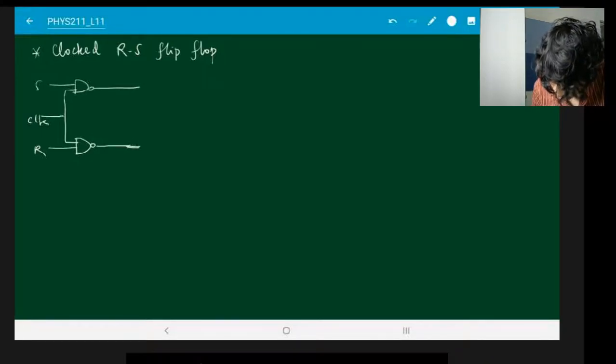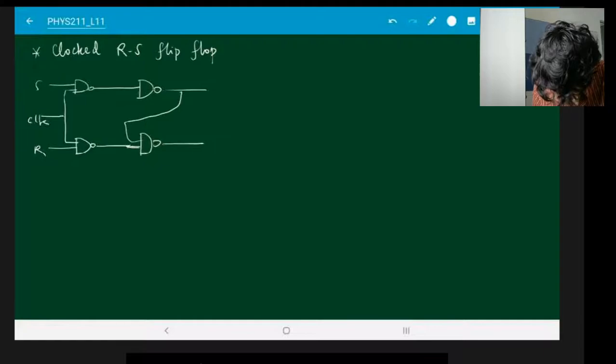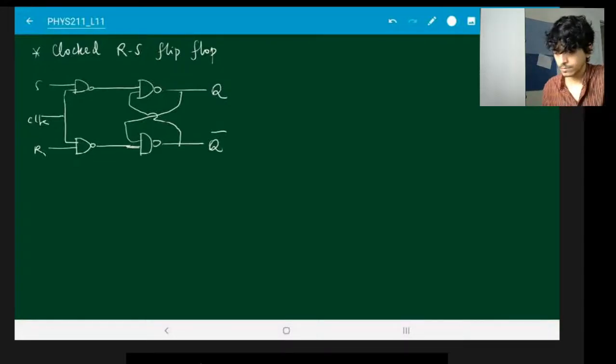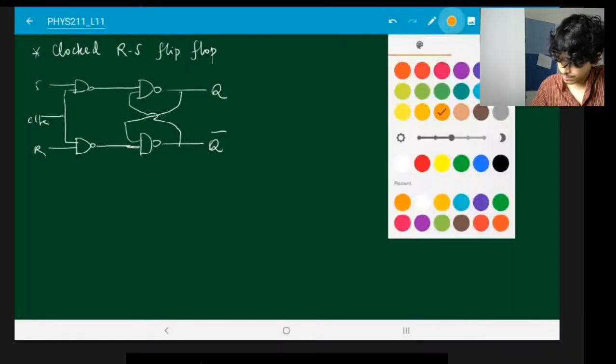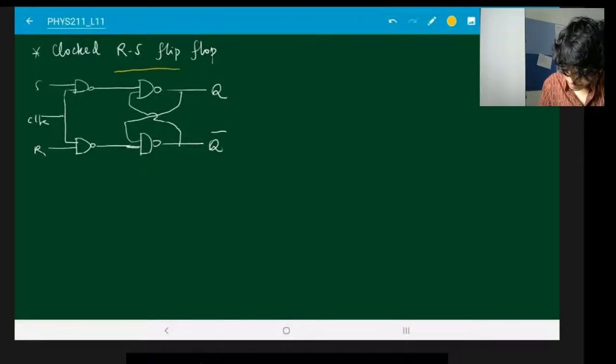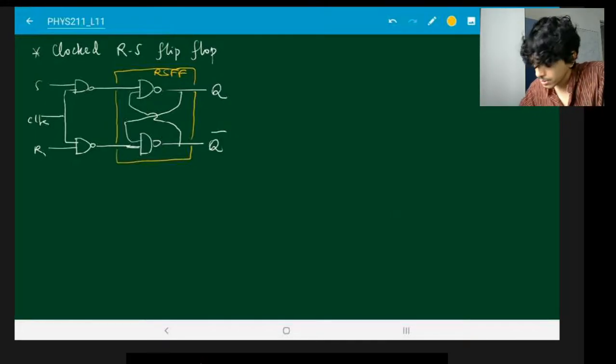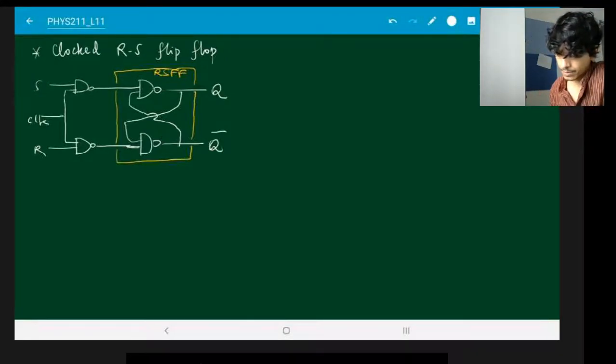And then this goes to your usual RS flip-flop. So if you remember, this part of it is just your usual RS flip-flop, but you've provided some change in the input over here, and there's also a clock pulse which is going to change things.